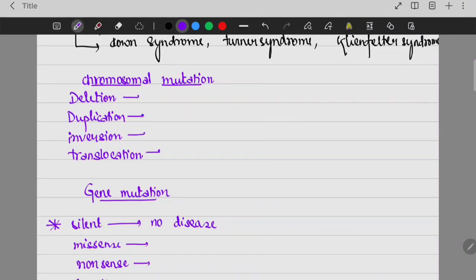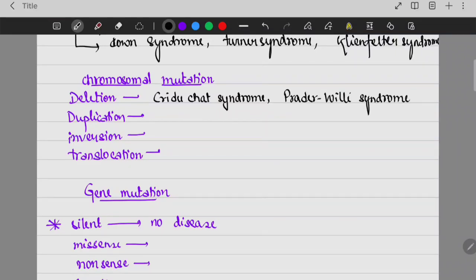Under deletion of the chromosomal mutation, there is Cri-du-chat syndrome or the Prader-Willi syndrome.